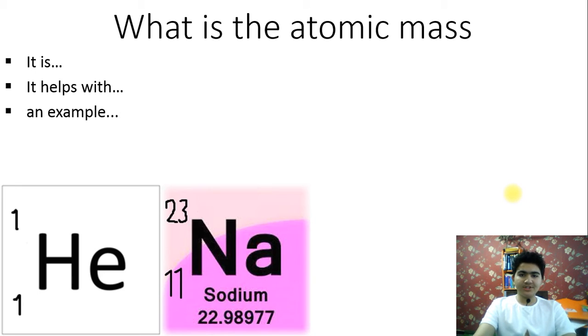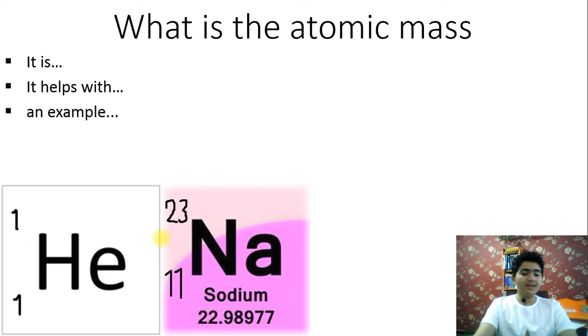So now I have a question for you. The simplest atom which we can find is hydrogen. Sorry about the helium part. Hydrogen has only one proton in its nucleus. Don't forget the letter H is written there.